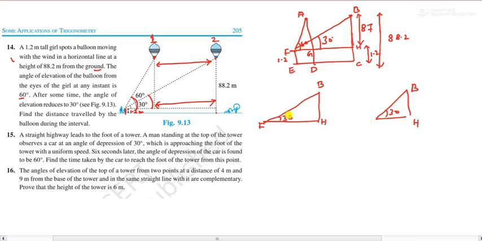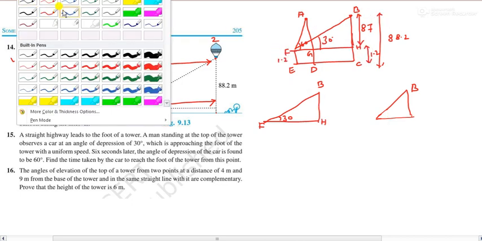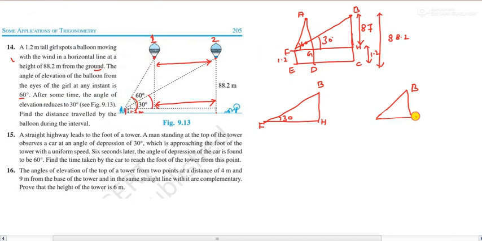This will be for, yeah, this is 60, not 30. This is G, not H, exactly, because I've already taken this bigger side. So this is B, G, and this is F. Angle is 60. We need to find this distance, that is GH.